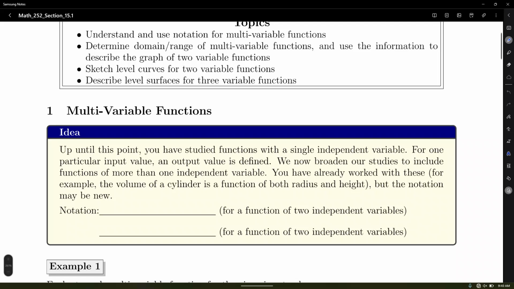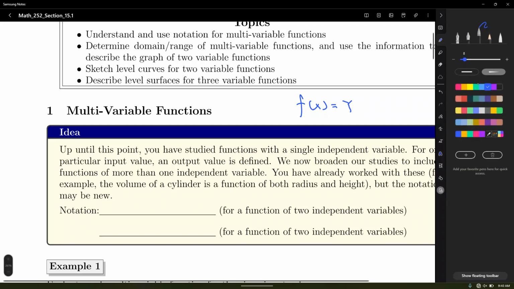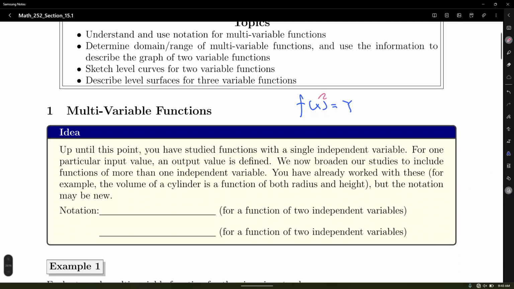So, let's go back to basic algebra. f of x equals y. Oftentimes you would use this notation interchangeably, using f of x or just y, depending on the purpose. But this helps us see what the independent variable is. Recall that the independent variable is always the letter you see in parentheses when you use the f notation.